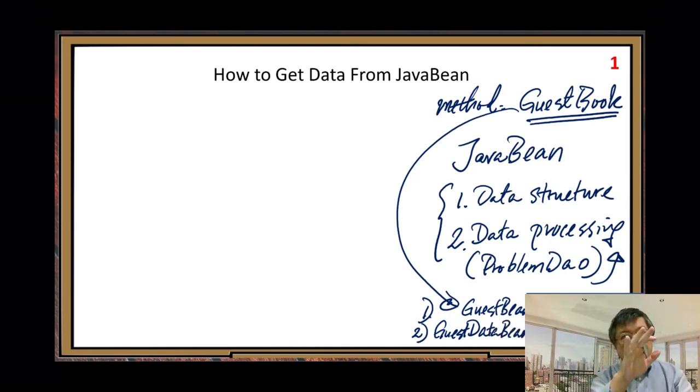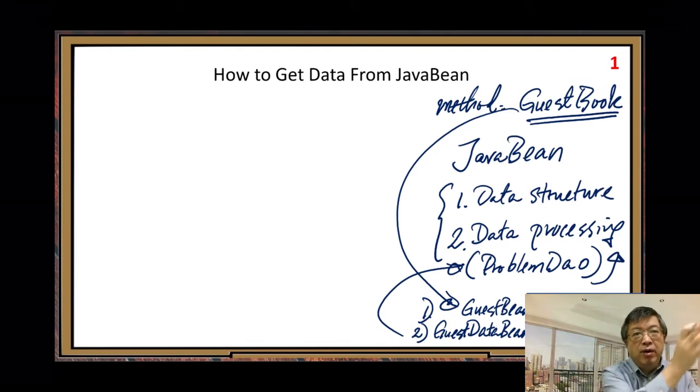In that one, it does the data processing. It does the database queries. There are two database query methods there, just like our problem DAO here. So if you compare it with our guestbook example, now you can connect it and understand why we can do it in this way.